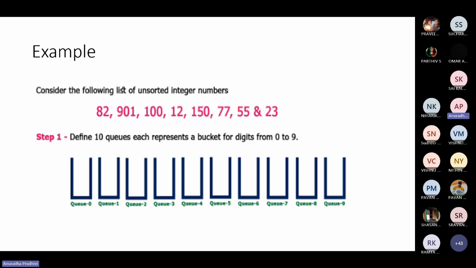That means 2, 1, 0, 2, 0, 7, 5, 3 gives the list in order: 0, 0, 1, 2, 2, 3, 5, 7. So by using counting sort we sort the least significant digits, and from that we arrange the elements: 100, 150, 901.